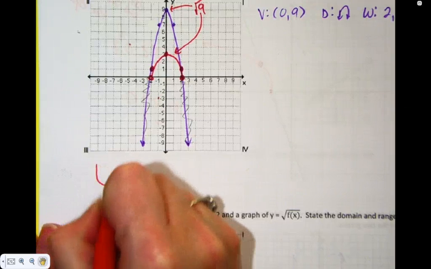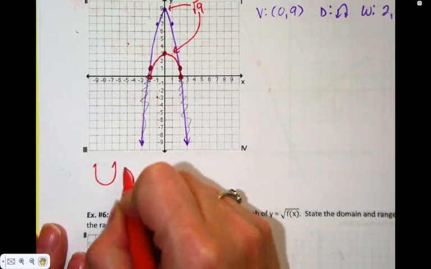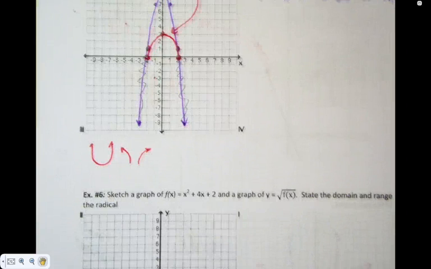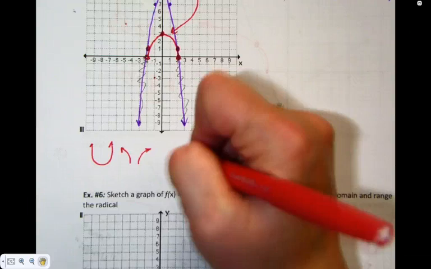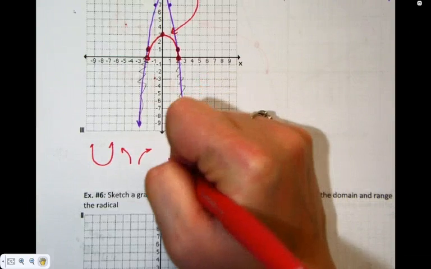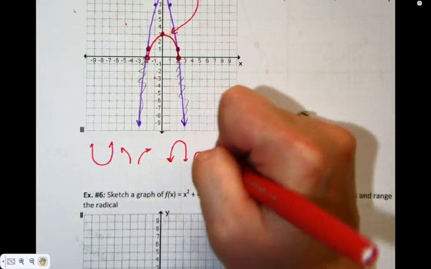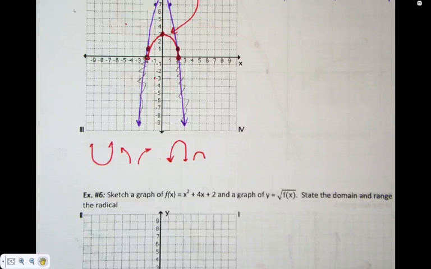So if you have an up parabola, you'll end up with a double swoop. If you have a down parabola, you'll end up with a little hill, or a little mini parabola that doesn't go on forever.